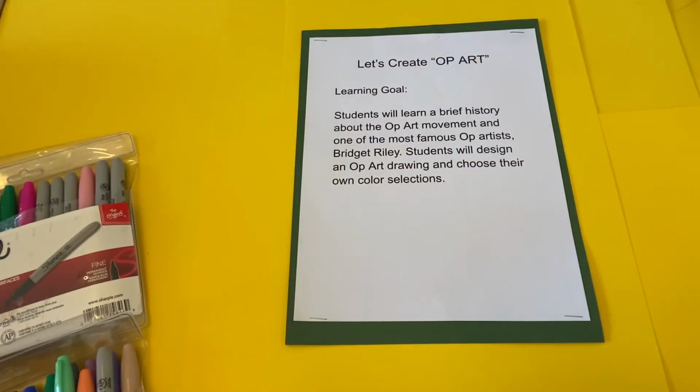Our learning goal today is that students will learn a brief history about the op art movement and one of the most famous op artists, Bridget Riley. Students will then design an op art project and choose their color combinations.